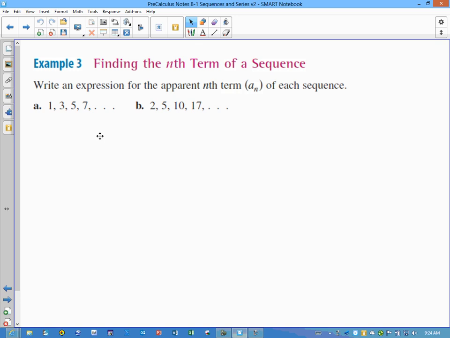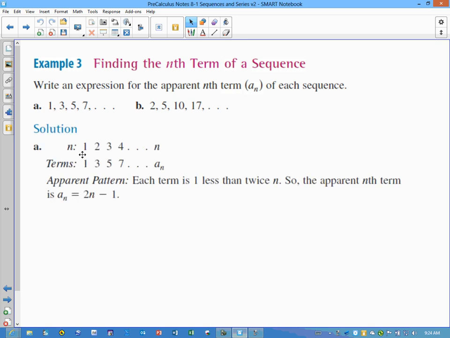So with part A, we want to try to compare these numbers, which would be the output, to the inputs, which would be the integers 1, 2, 3, 4, 5, etc. So if we compare the n's 1, 2, 3, 4 to the terms themselves 1, 3, 5, 7, sometimes matching them up term for term helps you find that apparent pattern a little better.